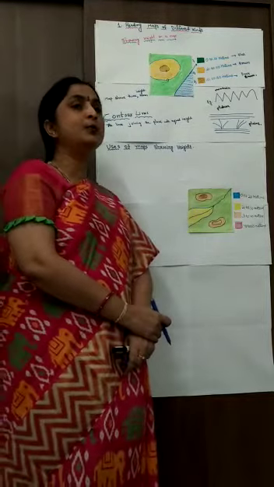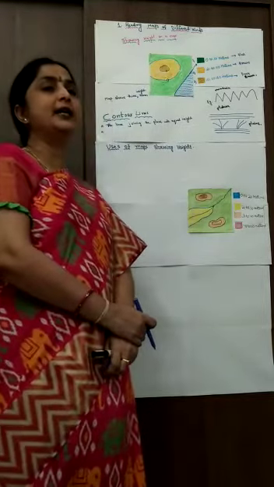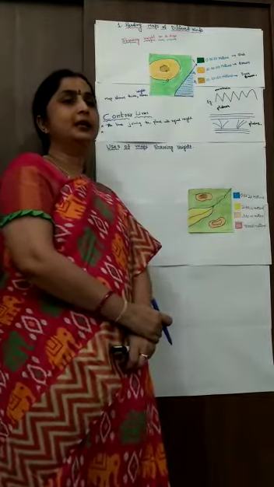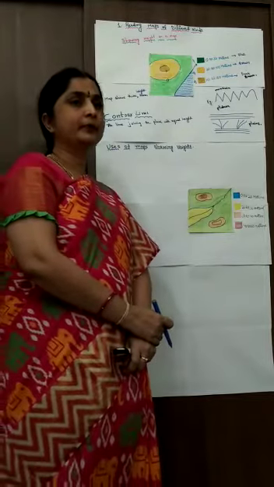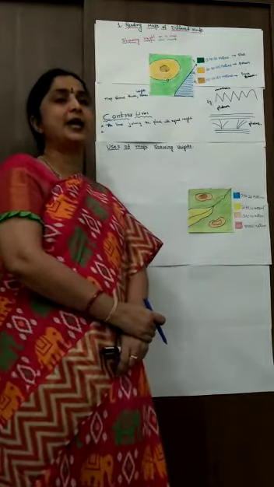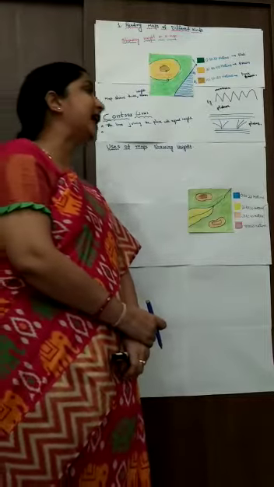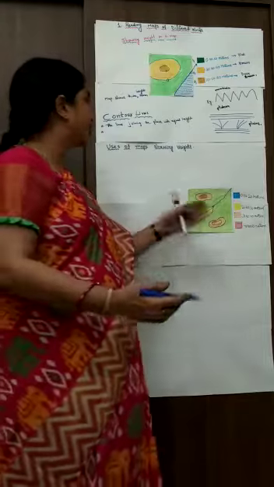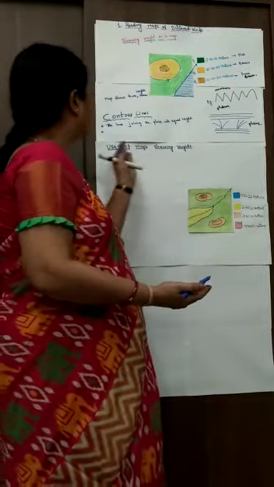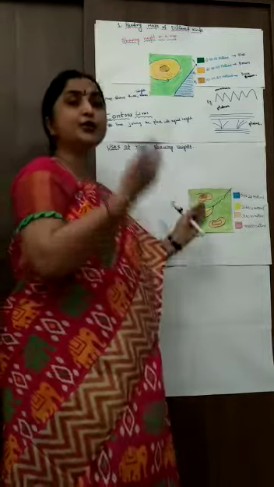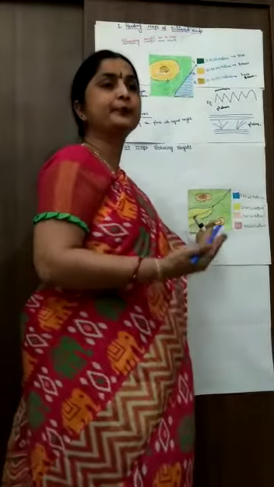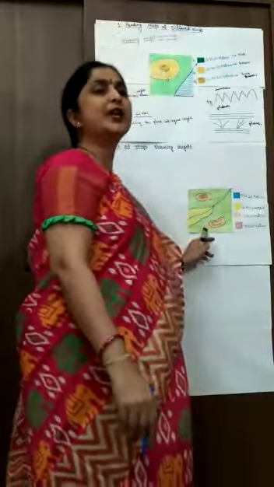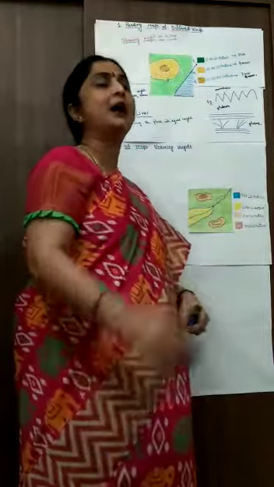Second, the contour lines show the height and outline of the terrain. The map showing the height plays an important role when dams and roads are being constructed. So it is useful for constructing the dams and the roads.